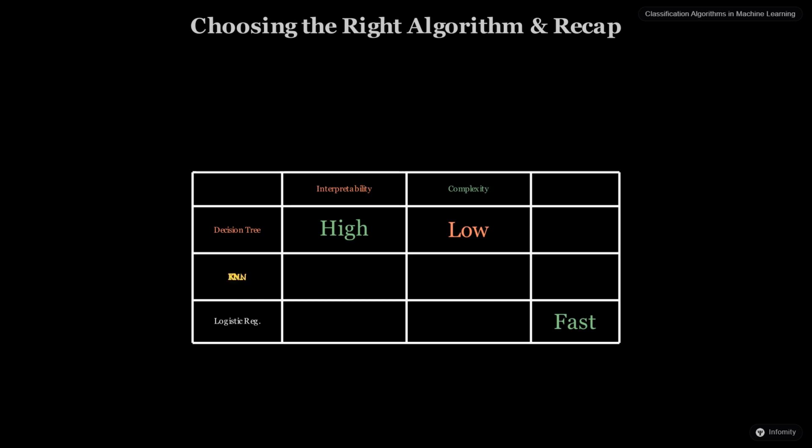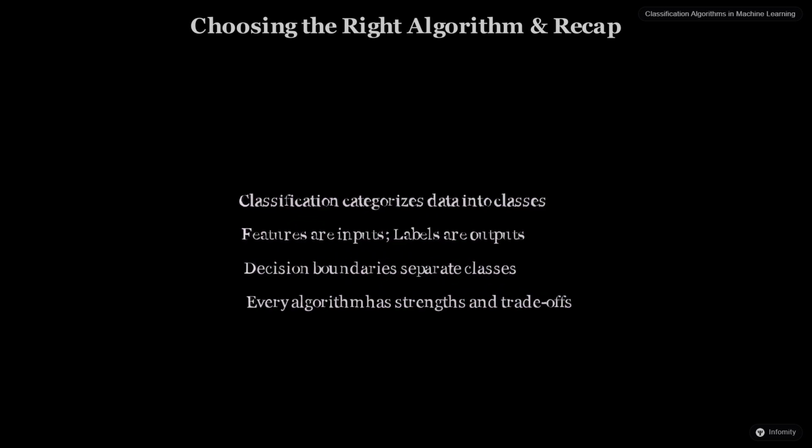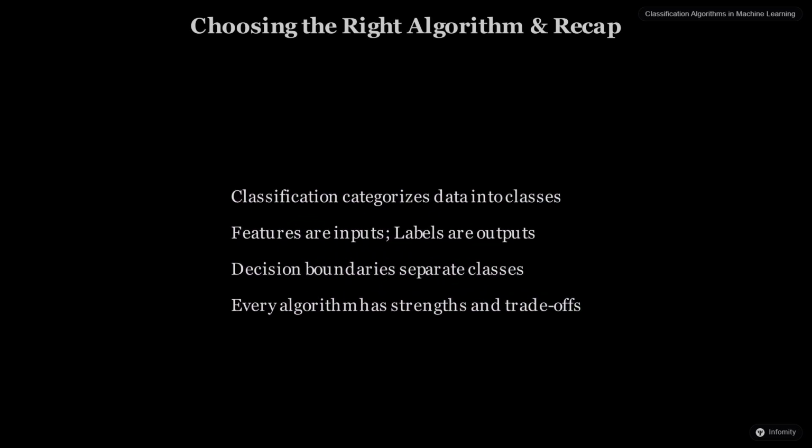Logistic regression is efficient and provides probabilities suitable for linearly separable data. There is no single best algorithm. Understanding their strengths and weaknesses helps you make an informed choice. Remember, classification is about making informed decisions from data, using features to predict labels, separated by decision boundaries.